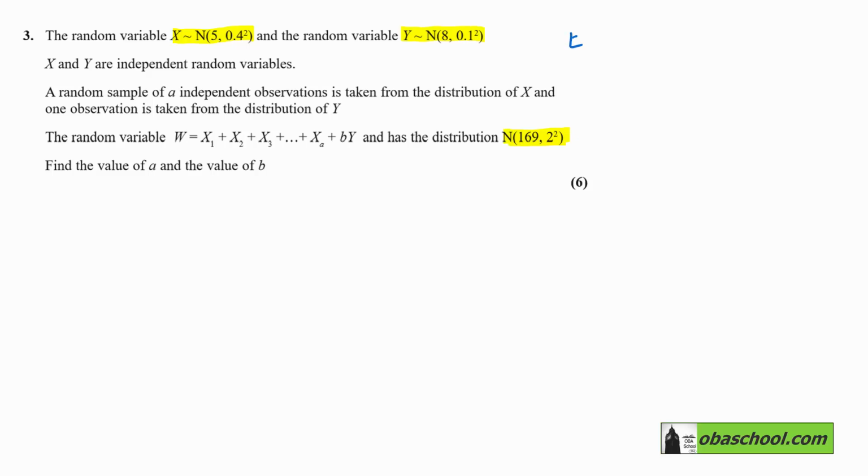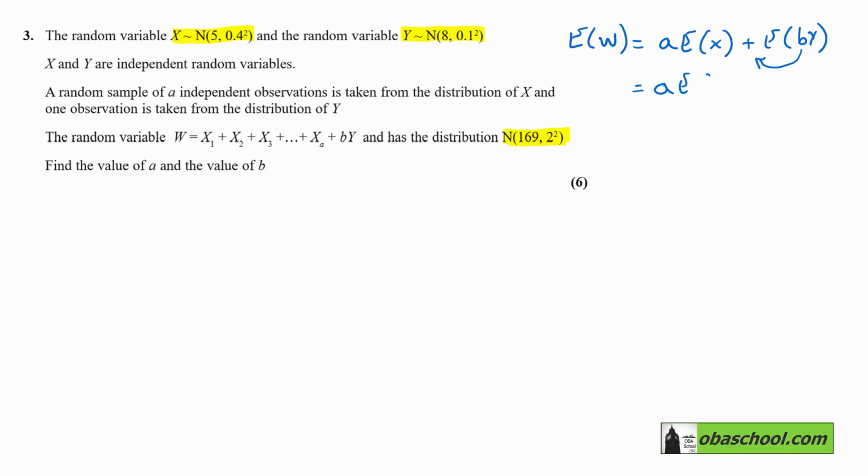What we have here is the expectation of W is equal to A times the expectation of X plus the expectation of BY. Now in this situation, the B can just come out here.